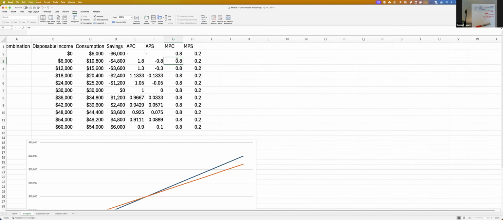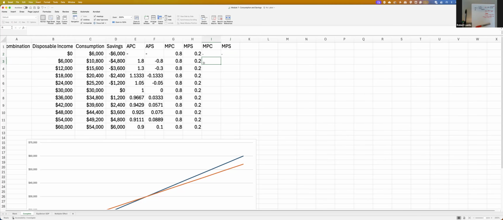Oh, actually, I would have to, sorry. I'll build these out here. So these are different ways of calculating these. You can't calculate marginals at the initial value.